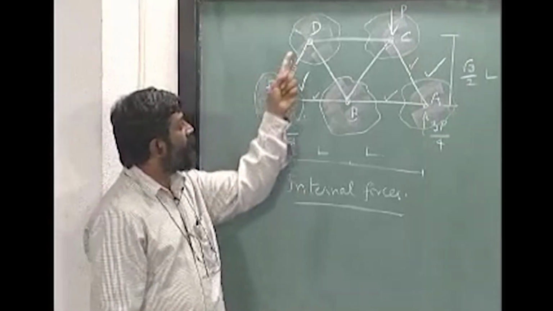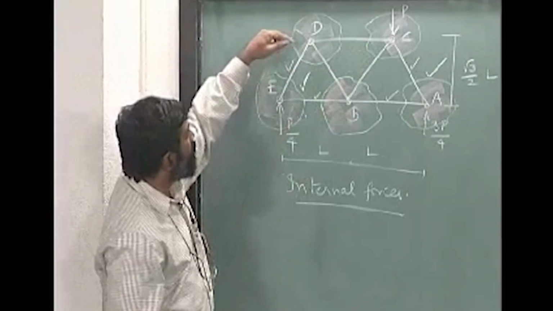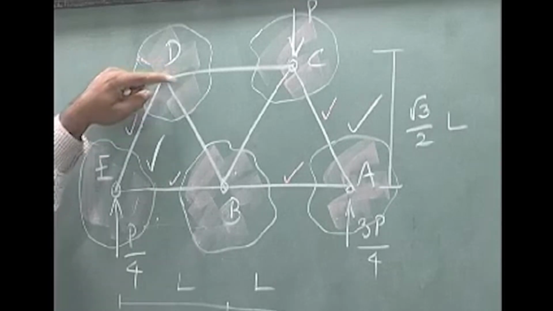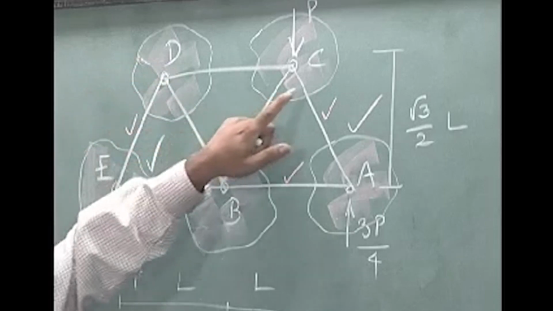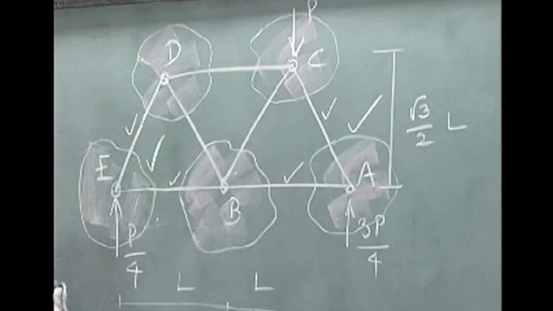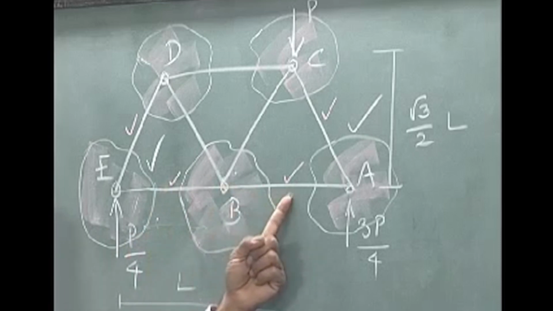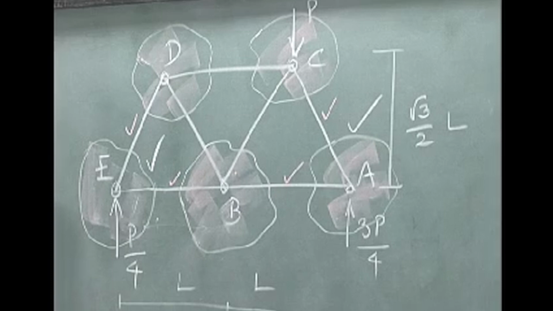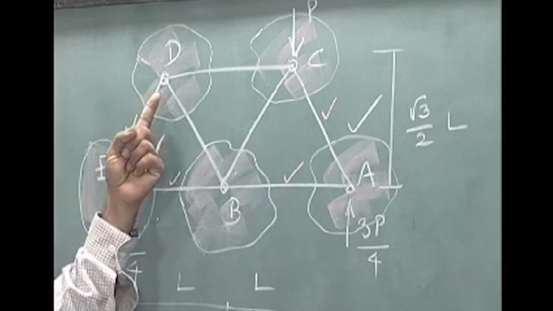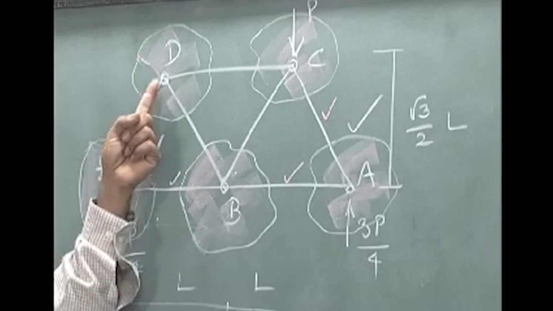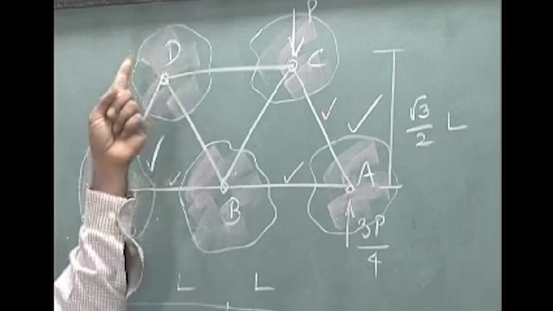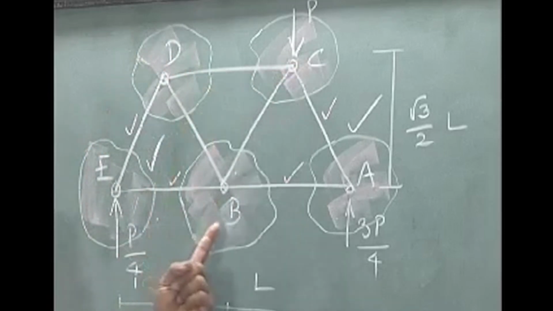Then I will go to any one of these and ask the question, okay, how many are still unknown here? Since this is already known, there are two of them that are unknown here. Since this is already known, there are two of them that are unknown. Since these two are already known, these two are unknown, okay, and therefore they actually have equal importance with each other. But if I take this particular joint, there are no external forces, and therefore this will be a simpler one to do compared to C or B.